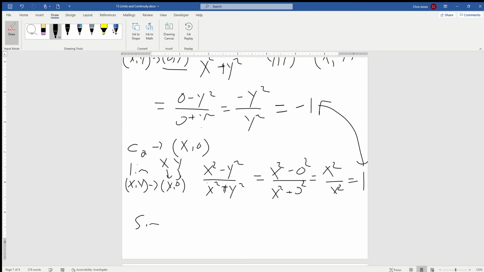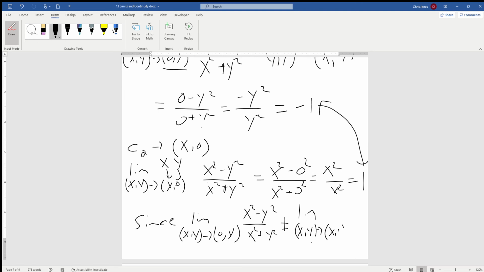So what we're going to say is that since the limit as (x, y) approaches (0, y) of x squared minus y squared over x squared plus y squared does not equal the limit as (x, y) approaches (x, 0) of x squared minus y squared divided by x squared plus y squared, the limit does not exist.